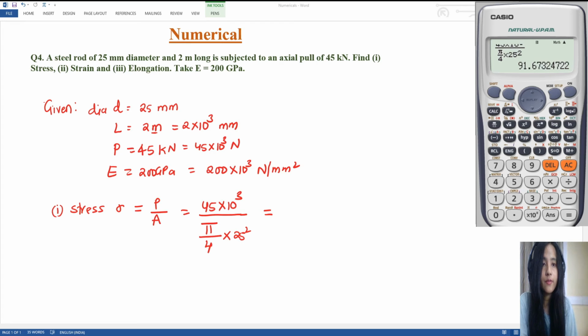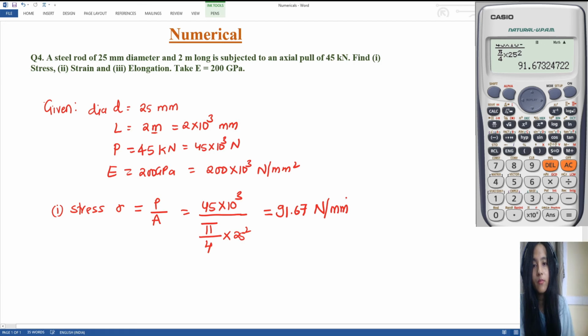So we have 91.67. So the stress is coming 91.67. What will be its unit? Newton per mm square. So this is my stress.